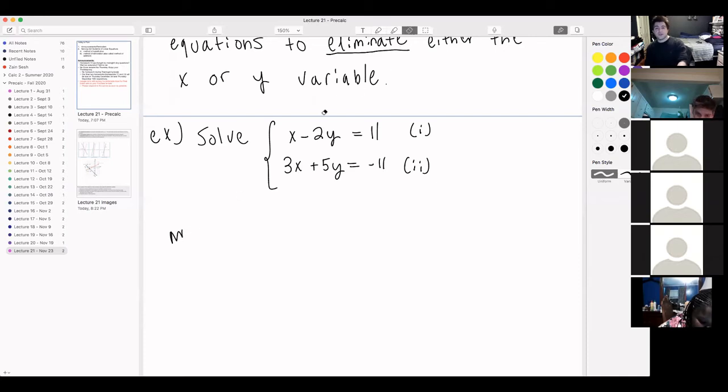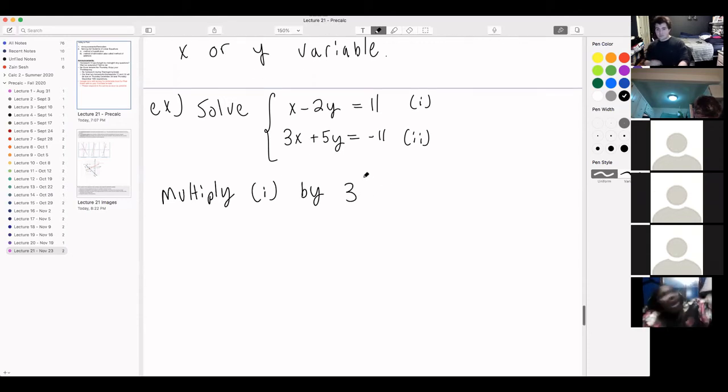So I will multiply equation 1 by 3, both sides of the equation, remember, not just one side. If I do that, you get 3x minus 6y equals 11.